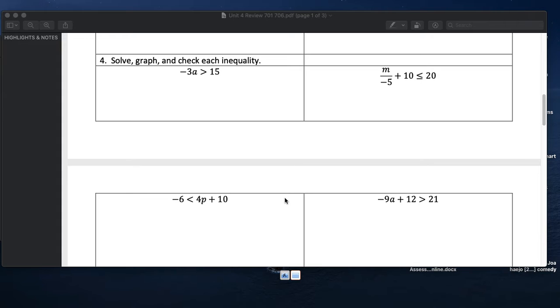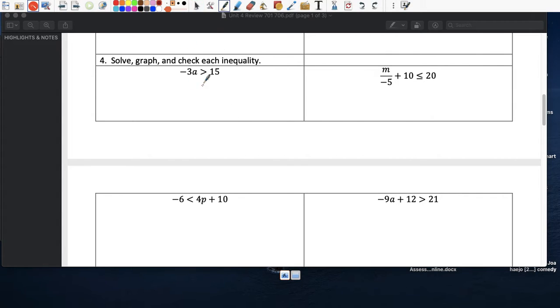So the only thing that I'm concerned about is that we have to remember that when we're multiplying or dividing by a negative number, we have to adjust the inequality, and the adjustment that we make is that we are going to switch the inequality. If it's greater, we put it to less. If it's greater than or equal to, we switch it to less than or equal to. Okay, so that has to be the adjustment that we have to make.